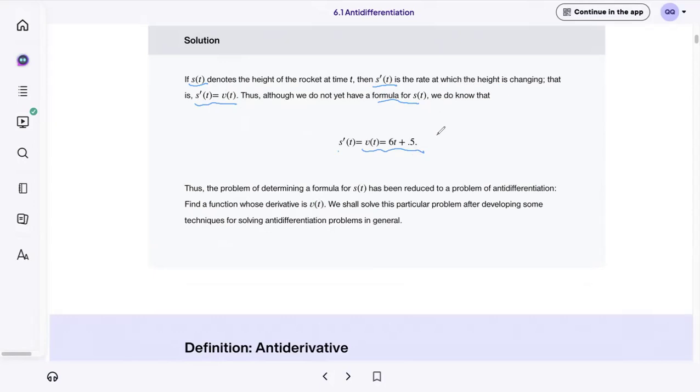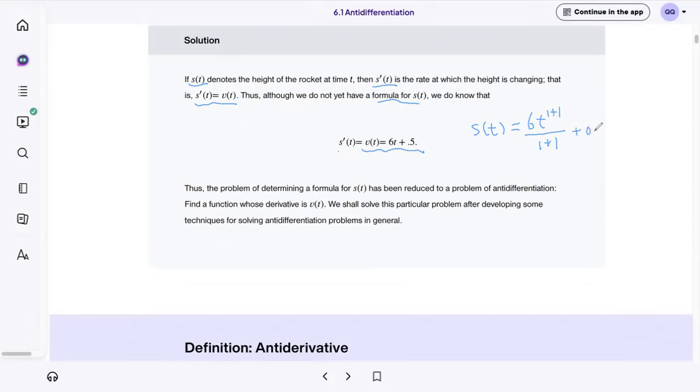Let's try it. Remember, S of t equals the anti-derivative of v of t. So we have 6t; let's anti-differentiate this one first. Originally the exponent is 1, so we add 1 to the exponent, then we divide by 1 plus 1, whatever the new exponent is.